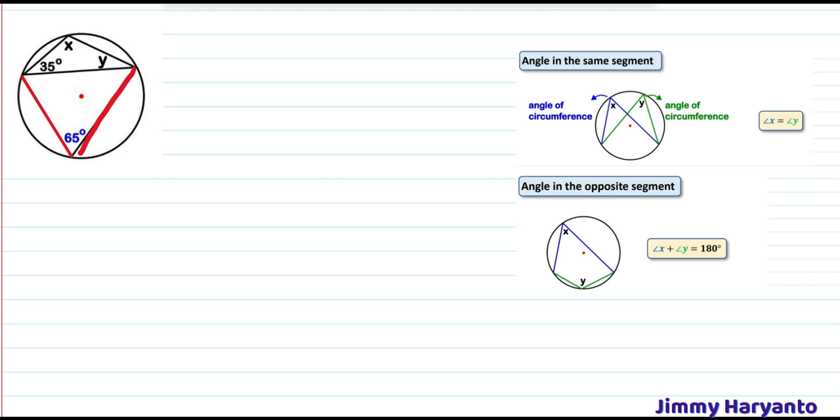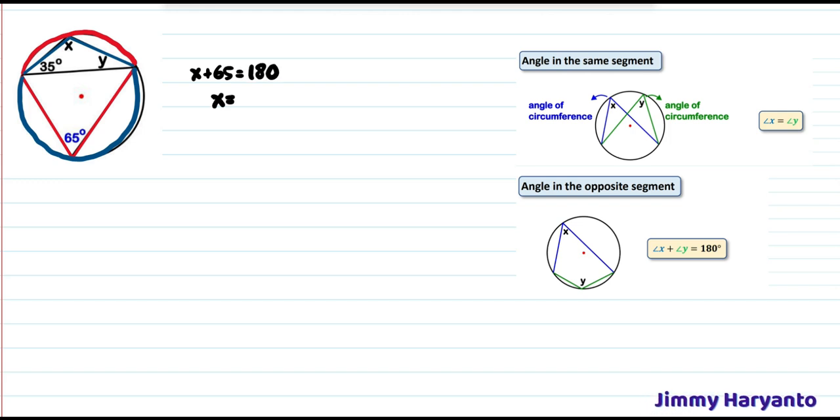This is an angle of the circumference facing that arc, and then we have another one like this. It's facing the opposite arc. So they are facing the opposite segment. That means the rule will be x plus 65 equals 180.